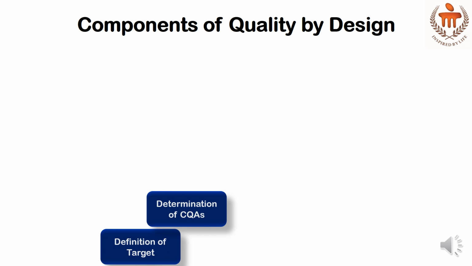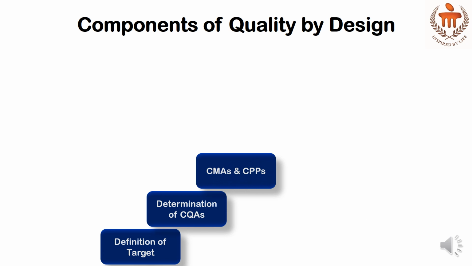These critical quality attributes, or you can say the output or the responses, are influenced by some factors. These factors are known as inputs. What are the inputs here? Critical material attributes and critical processing parameters.